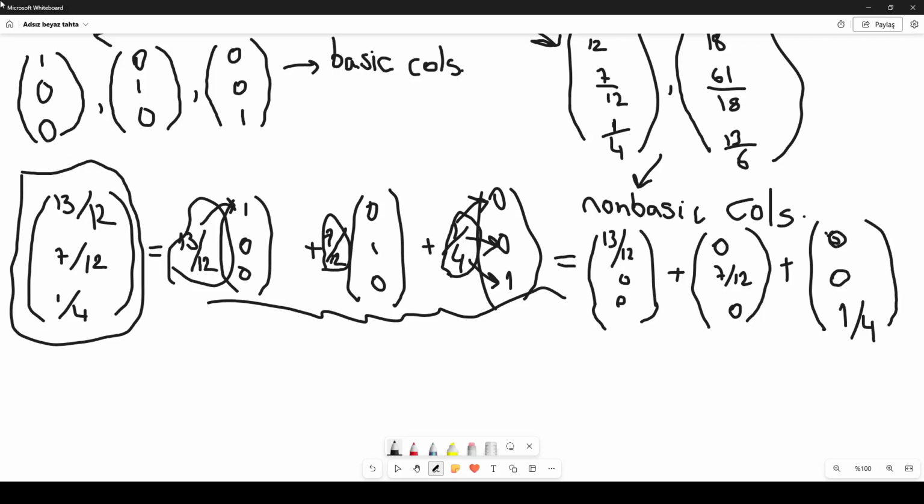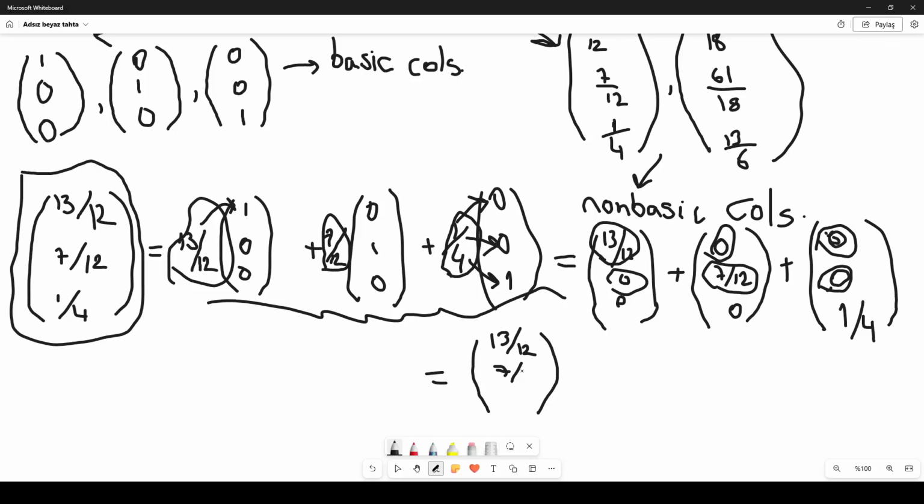Now if I sum them up, I perform the element-wise summation. I sum this value 13/12 with this and this in the same order. So I got 13/12 for the first spot, and I sum this value, this value and this value together for the second entry, so I got 7 over 12, because 7 over 12 summed with zeros is equal to 7 over 12, and for the last entry I got 1 over 4 as desired.